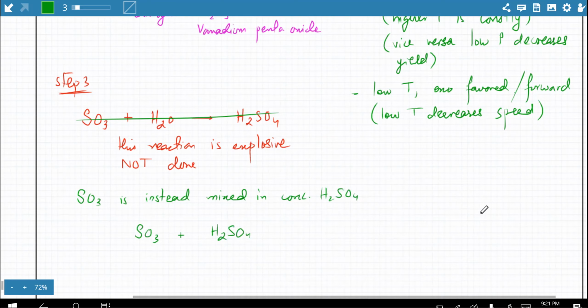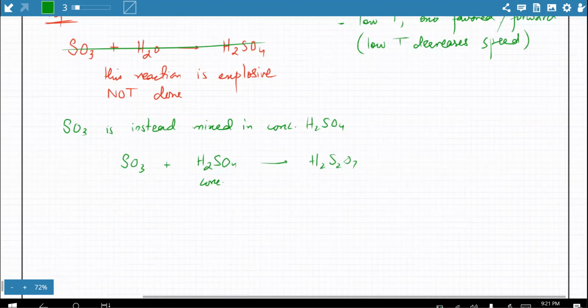It has a smell of rotten eggs. That's mixed in concentrated sulfuric acid, and that results in the formation of oleum, which is H2S2O7. So it's another compound that gets formed. So oleum is produced. And now the next part is that the oleum is diluted, water is added.